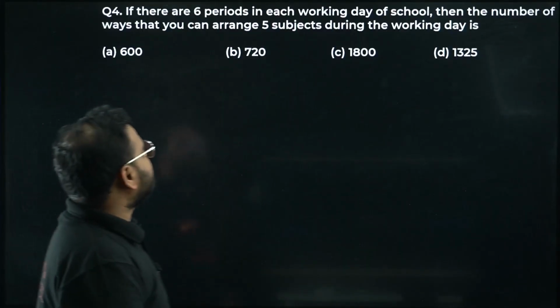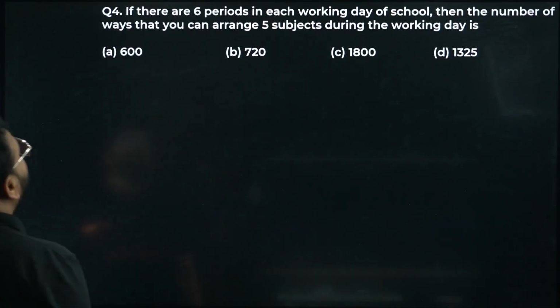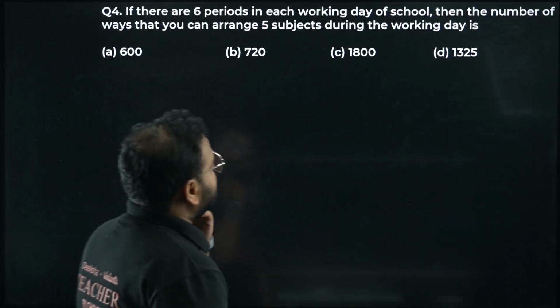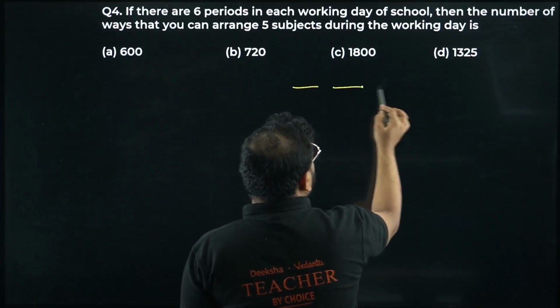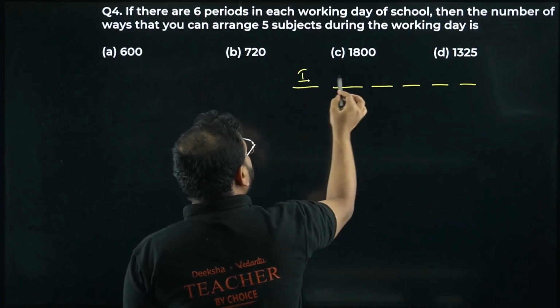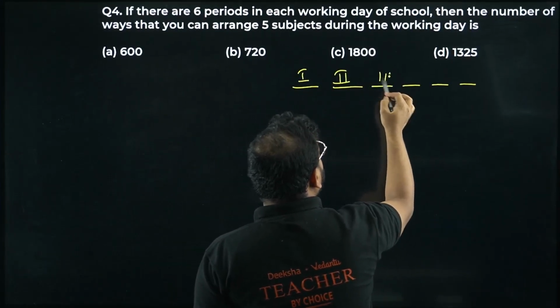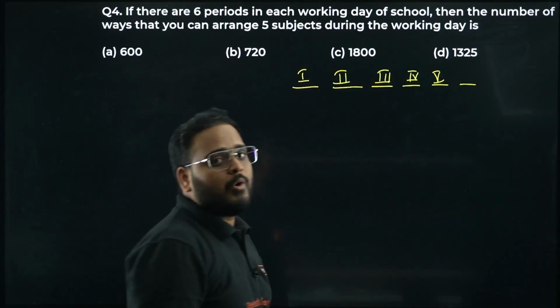If there are 6 periods in each working day of school, then the number of ways that you can arrange 5 subjects. Okay. So basically, I have, let's say, 6 periods. So 1, 2, 3, 4, 5, 6. I can go subject 1, subject 2, subject 3, subject 4, subject 5. Now, what can happen?